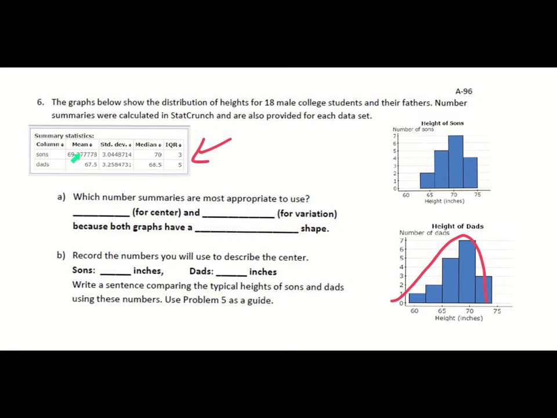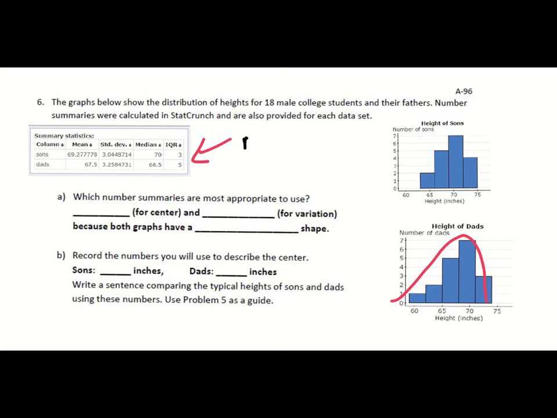If you look at your table, even though this says 69.2 and this says 70, how you can tell is if your mean and your median are not the same, then it's a skewed graph. So the only way that this graph is typically symmetric is if your mean and your median are almost exactly the same.